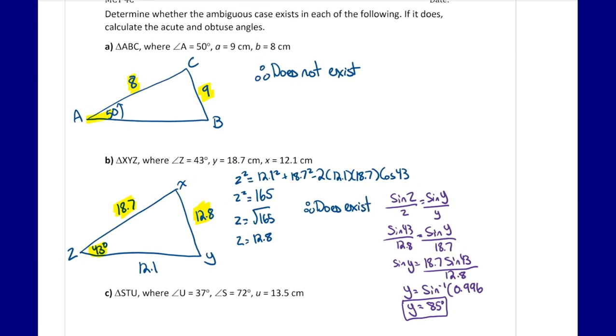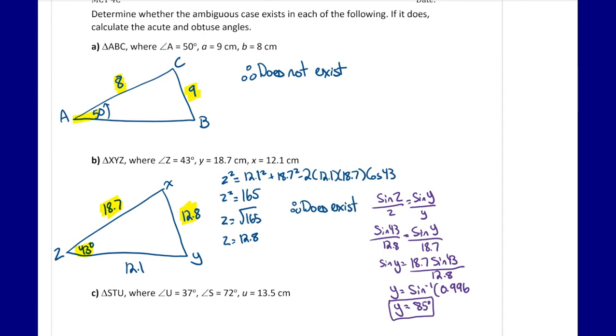That is one possibility. Again, from the CAST rule, you don't need to always draw the CAST rule. This is just to visualize it. If this is 85, I know I have to have another angle on this side that also has the same ratio.